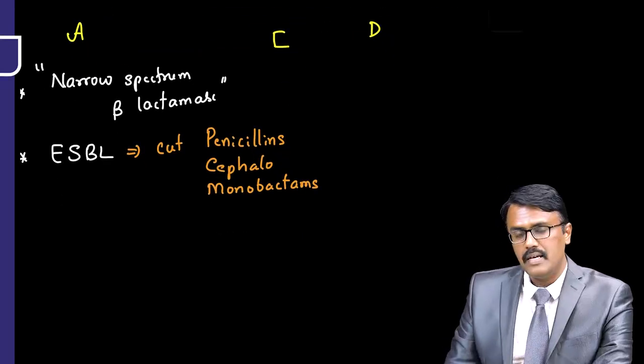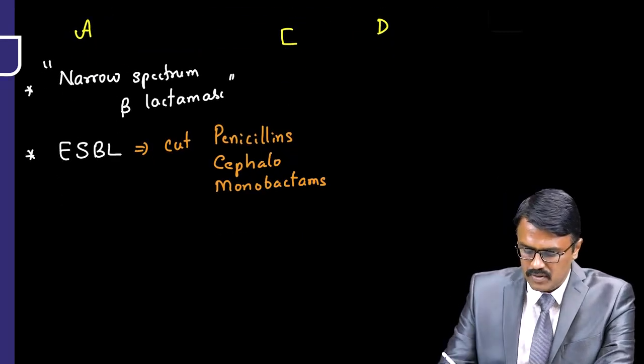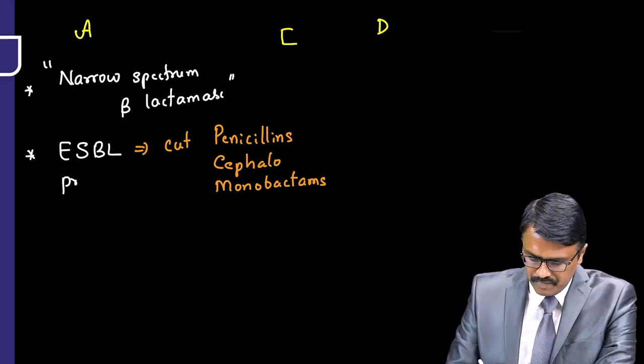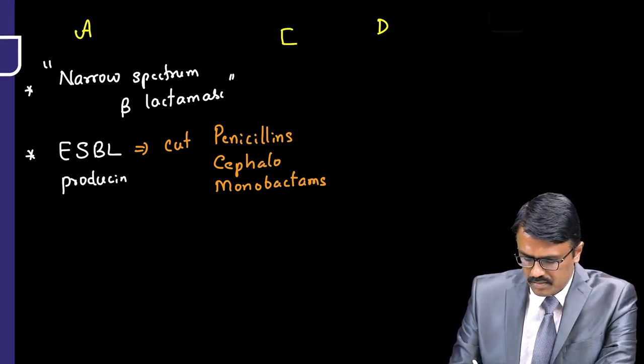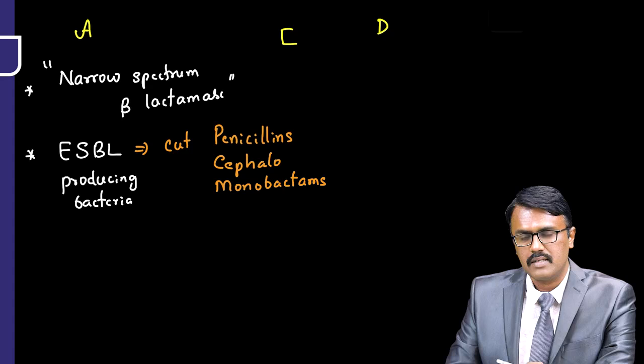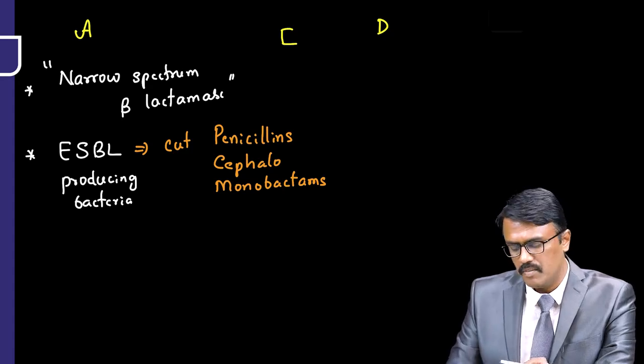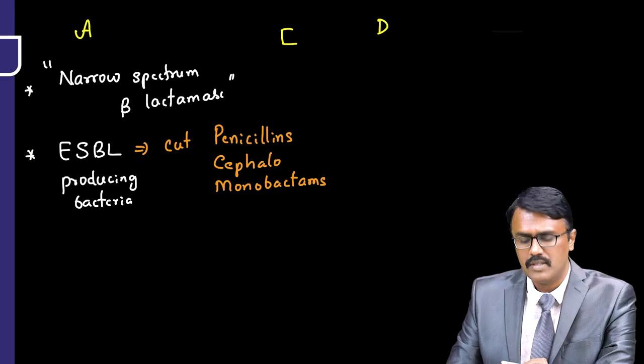Now, suppose a bacteria is producing ESBL. If you want to treat with penicillin, it's not possible because it is cut. Cephalosporin, it is not possible. Monobactam is not possible. Then what is the drug of choice?